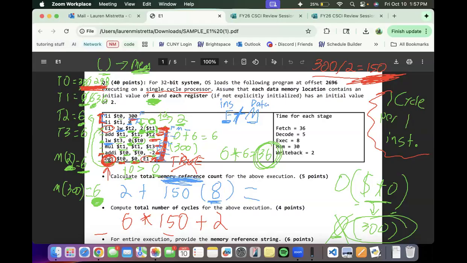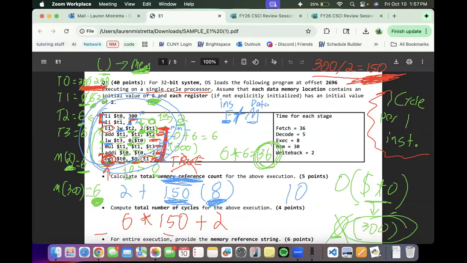And then I multiply this out. You don't have to do the actual arithmetic, the actual multiplication, on the exam. It's honestly fine to leave as your answer. The professor said you're more likely to mess up the calculation and get it wrong, so do yourself a favor and just leave it like this. If I did this whole thing only once, the answer would have been 10, but technically I have to do this loop 150 times.